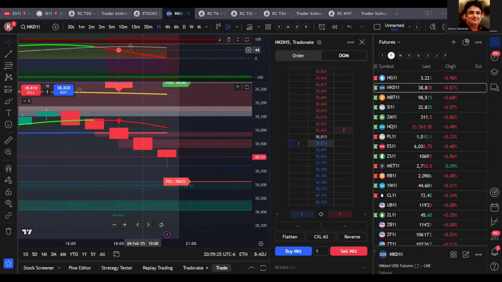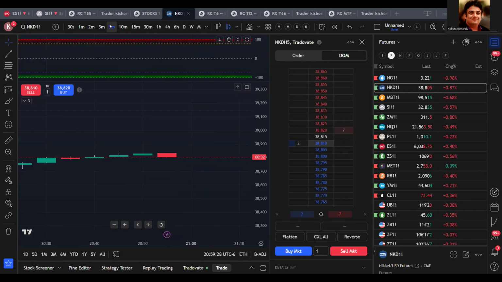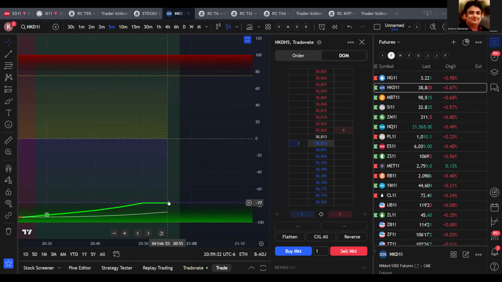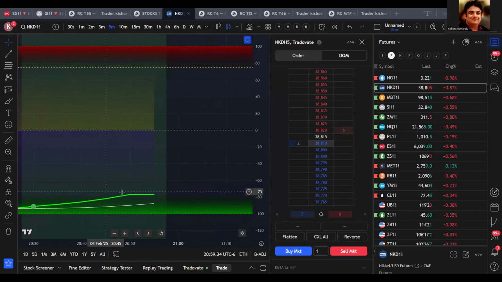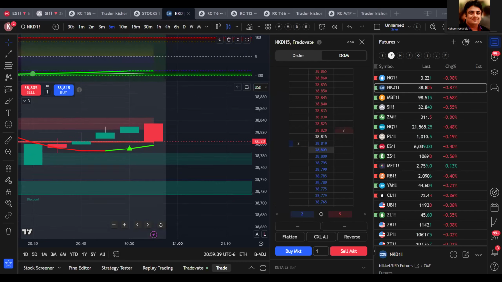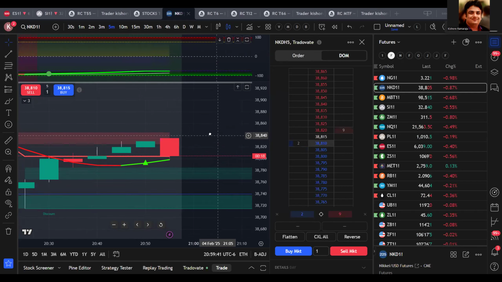So you can see there is a nice gap here in 1 hour. If you go to 5 minutes, it's just going up. But overall ES, Q and NKD, they are bearish.